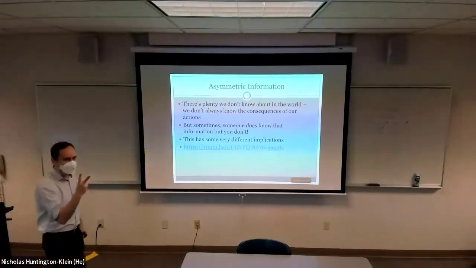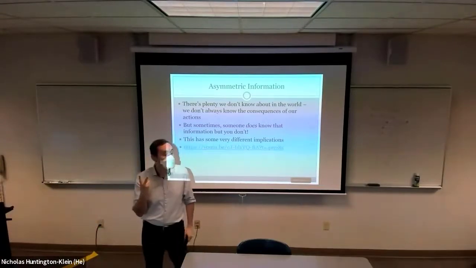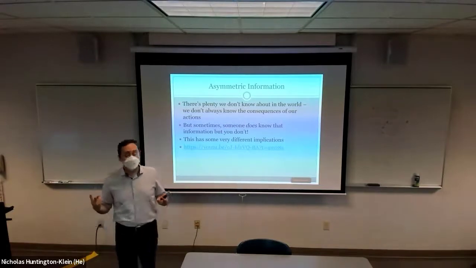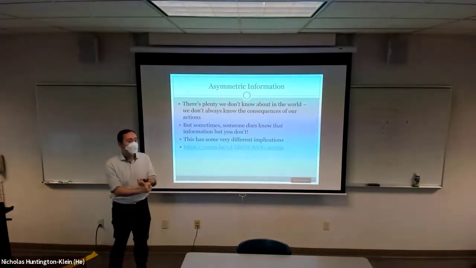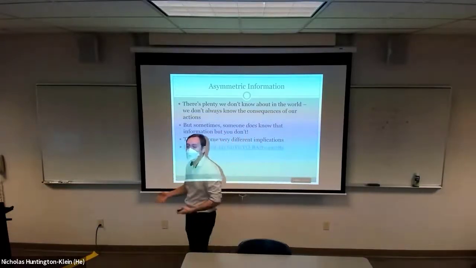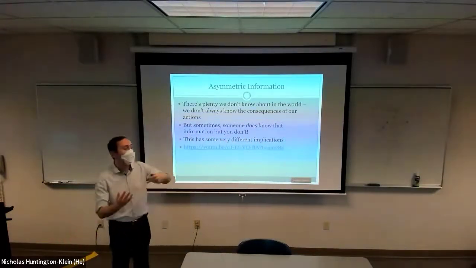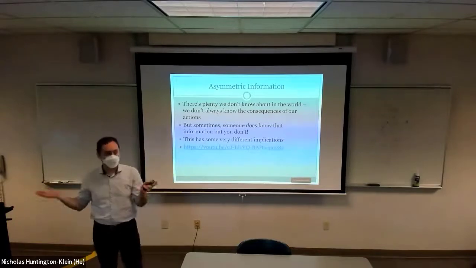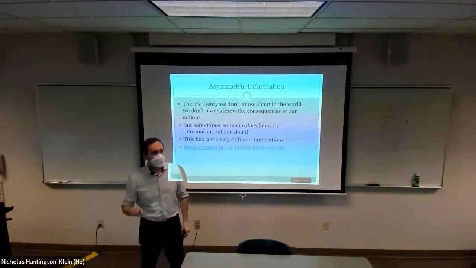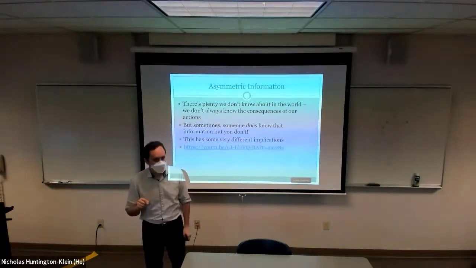There are two major ways in which we could have imperfect information, where we could be lacking some information that would be really relevant to how we make decisions. One is just not knowing the outcome of an uncertain thing, right? That happens all the time. We don't know whether the stock is going to go up or down. We don't know whether we're going to win the lottery or not. We don't know a lot of things. But importantly, and this turns out to be a really key distinction, those are things that nobody knows.